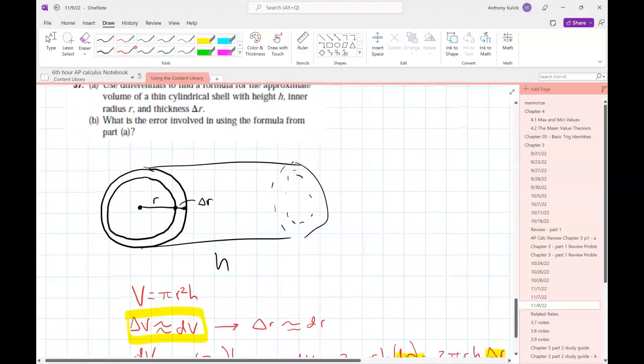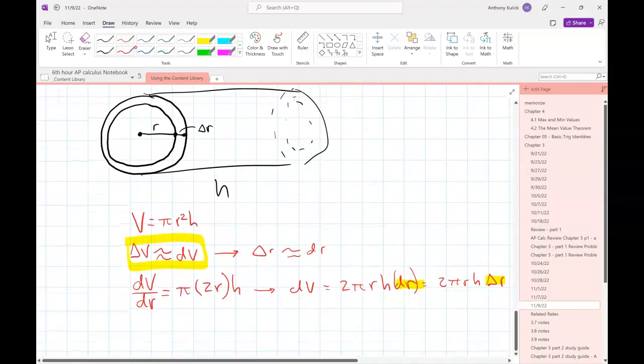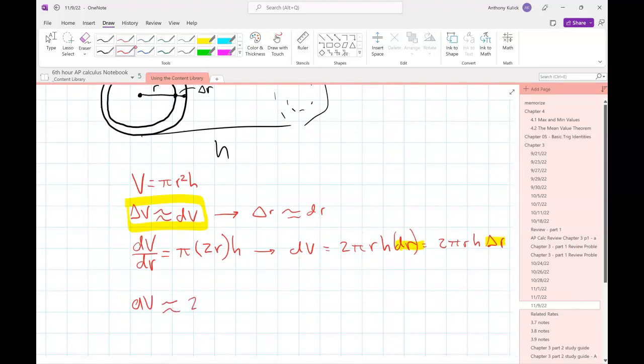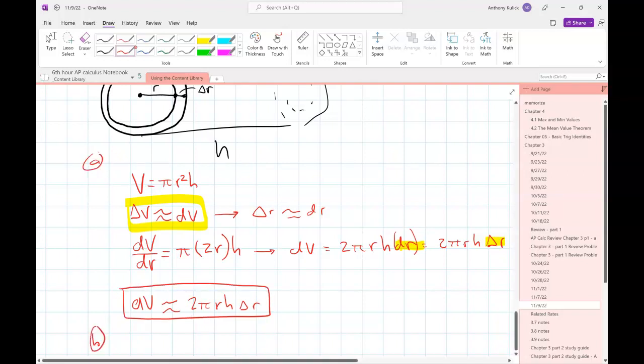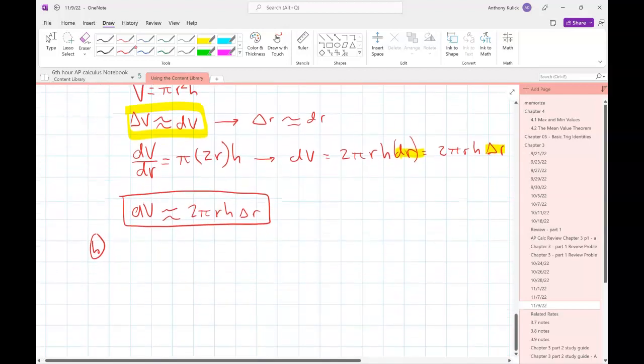So that's part A, right? Find a formula for the approximate volume. And then part B says, what is the error involved in using the formula from part A?